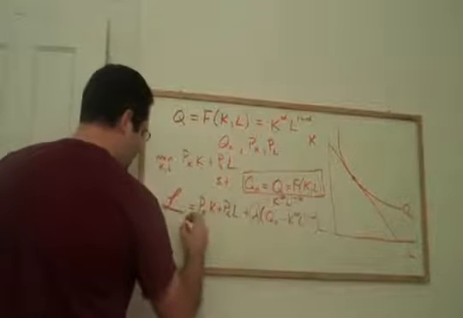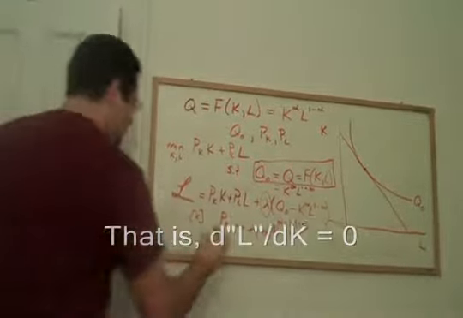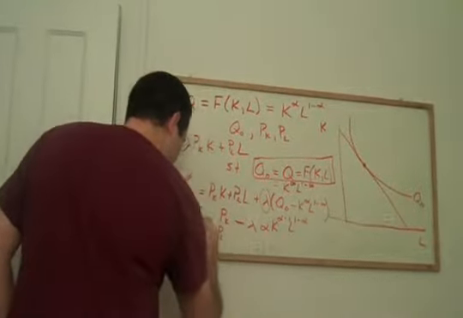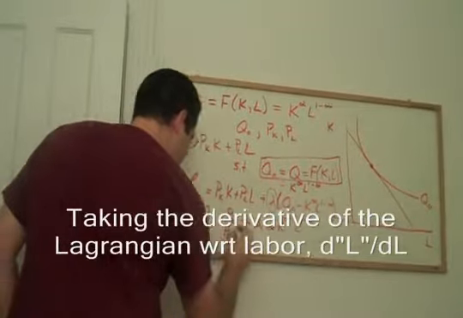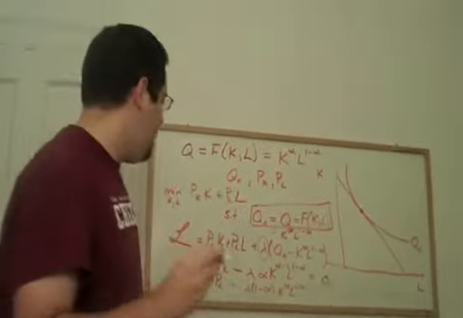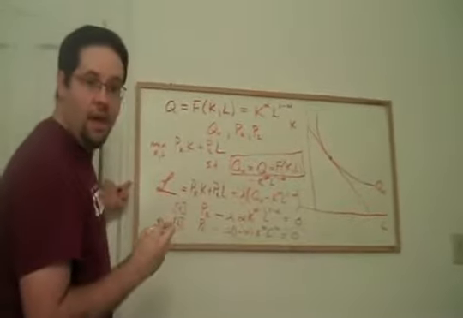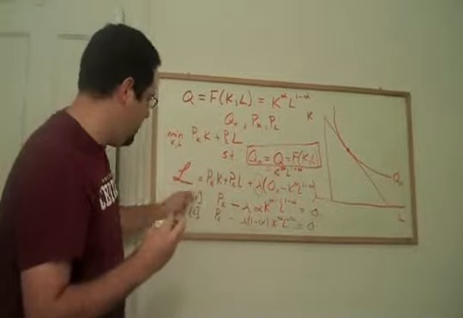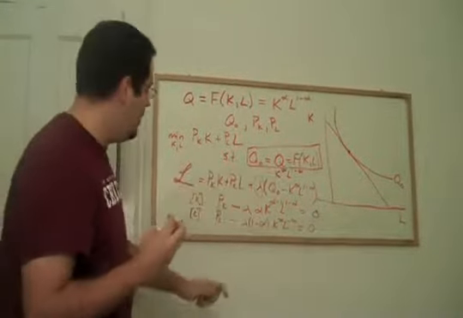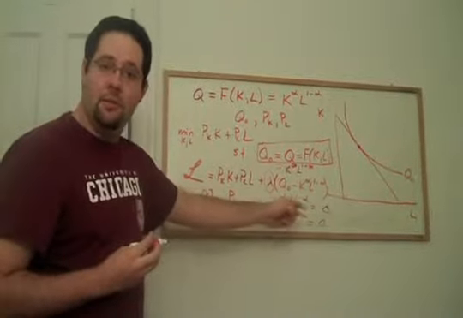So I'm going to take the first order condition with respect to capital. I can do a similar thing for the first order condition with respect to labor. What I did there is I just took the derivative of this script L Lagrangian with respect to capital for this line. I set it equal to 0. Did the same with respect to labor for this line, and I set that equal to 0.